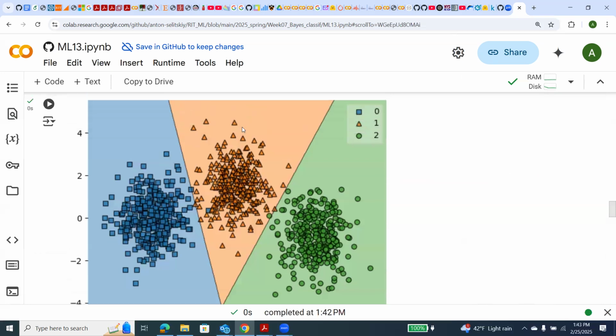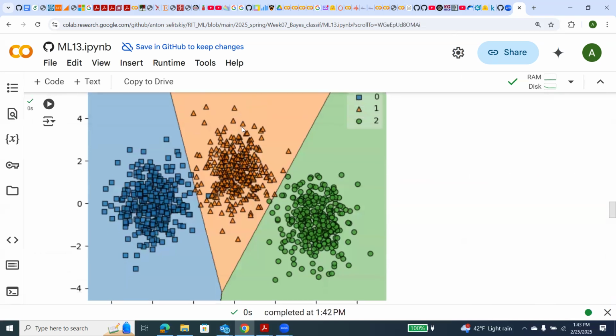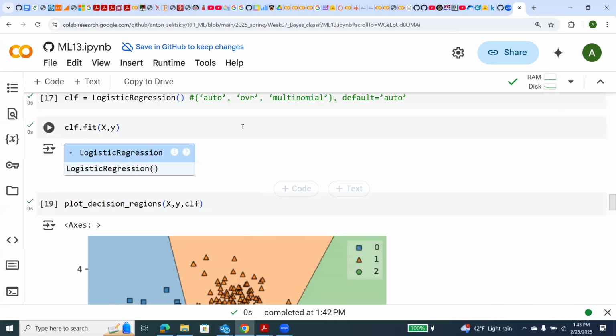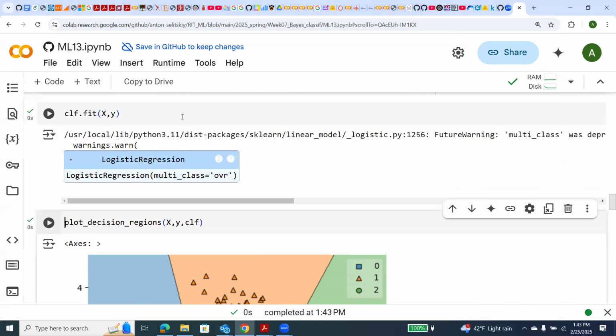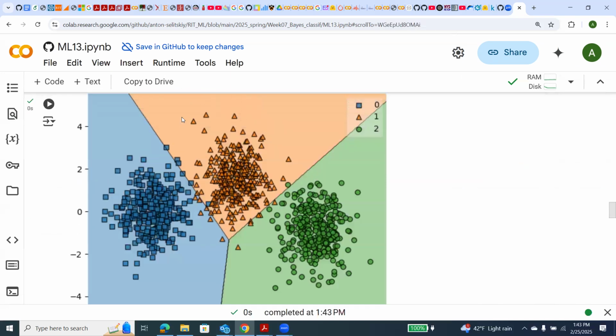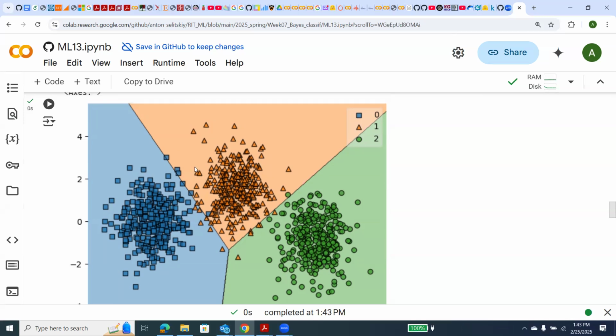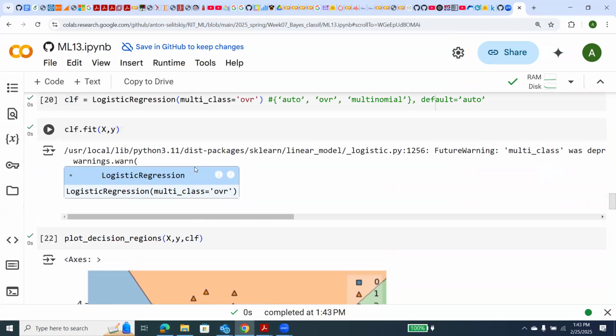Yes, so can you see the difference between the logistic regression when we maximize probability and logistic regression when it trains just 3 binary logistic regressions? Can you see the difference? Which one do you think is better just for this data? Which out of the three? Let's see.